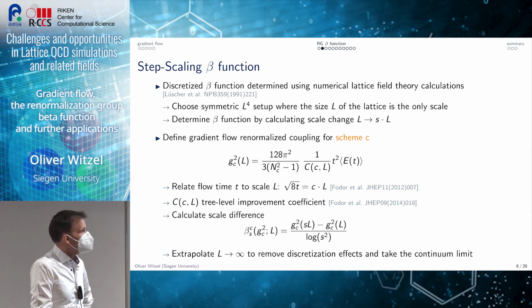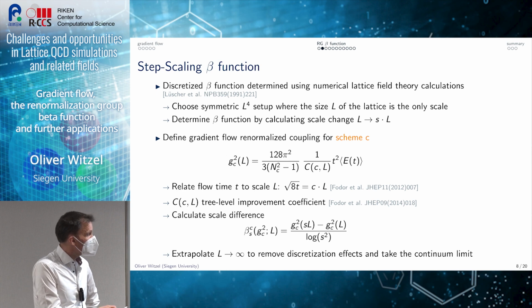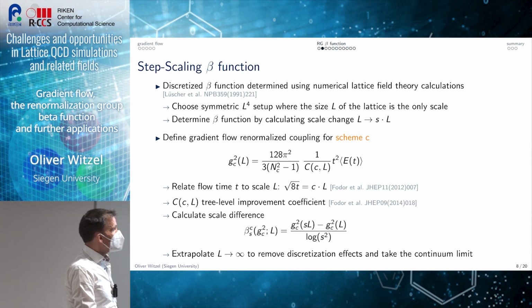Again, the input is the gradient flow renormalized coupling. I now put in here the correction factor, which either takes the zero mode correction or our tree-level improvement coefficients. And then we determine this coupling here.